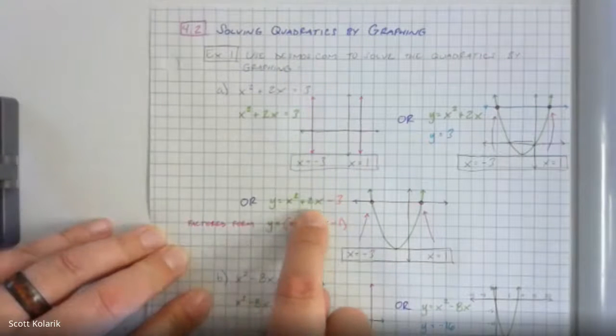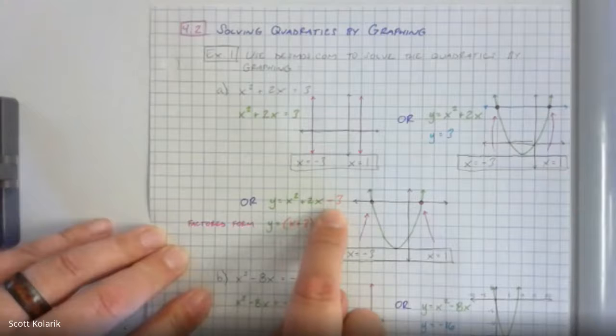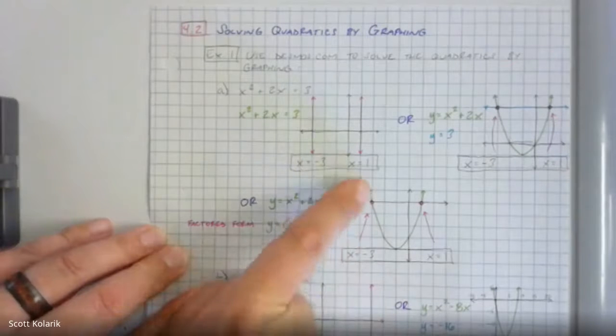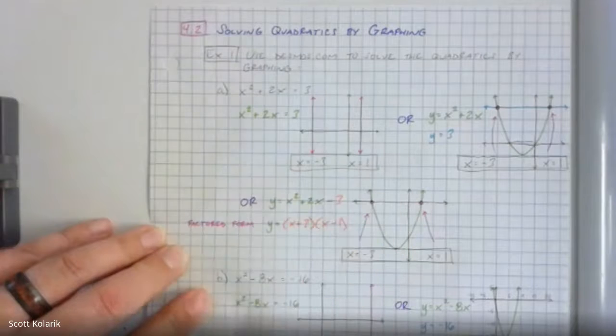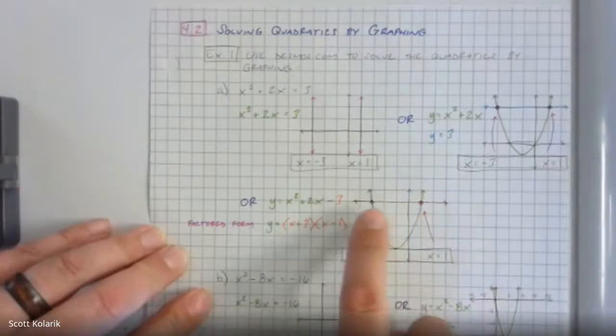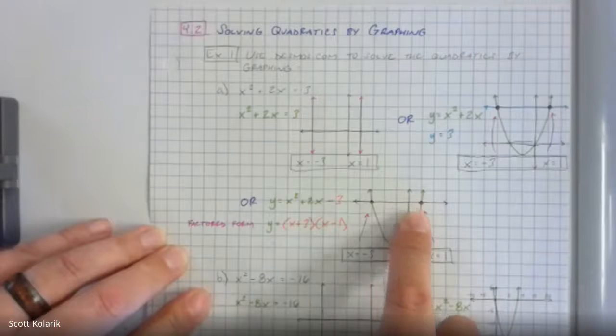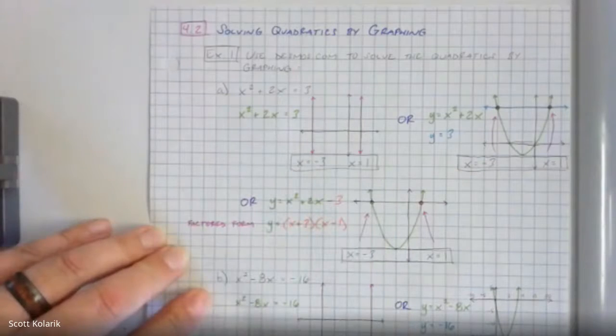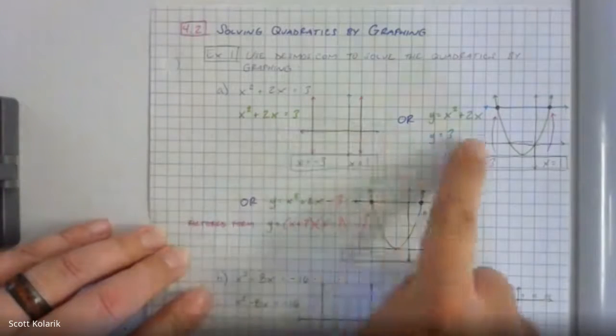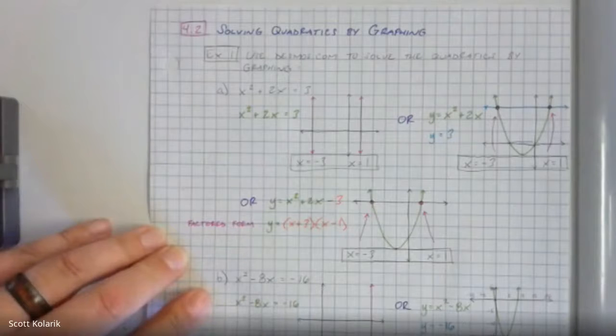Now I would get x squared plus 2x minus 3. And if I were to graph that, that would give me this parabola. And now in this case, like the bullet point said at the beginning of our notes, I'm looking for x-intercepts, which there are 2. And lo and behold, they happen to be at the same exact x-intercepts as the original. So each of these is just a different way that you'll get the same answers each time.